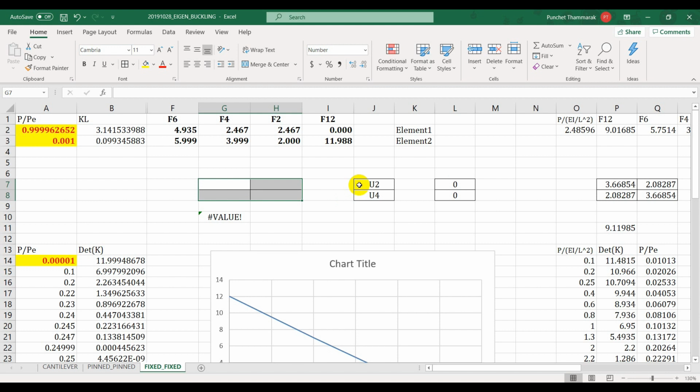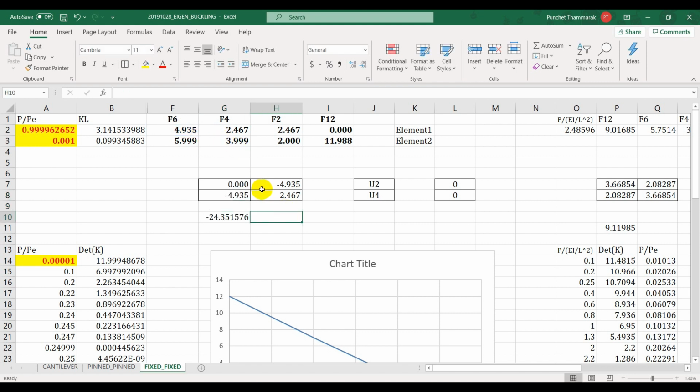First of all, it is the lower corner of the first element, right? So F12 and then minus F6 and then minus F6 and the other one F4. Oh, I think F4, this one is wrong, minus F6.